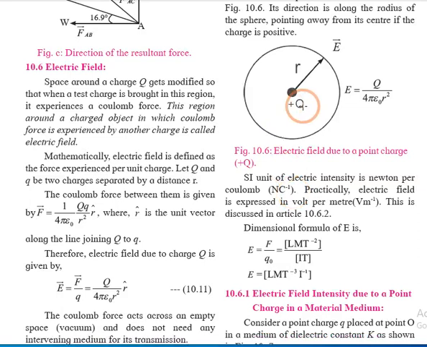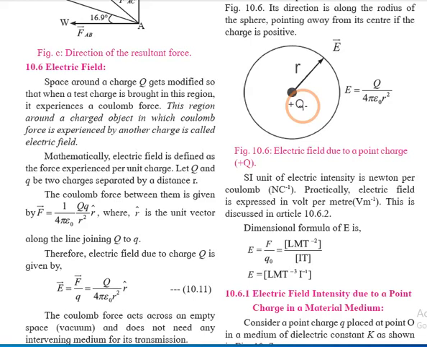As per our knowledge, force has the unit newton and charge has the unit coulomb. So force upon charge, here the unit of electric intensity is newton per coulomb. Practically, we express it in the form of volt per meter. Now, dimensional formula.